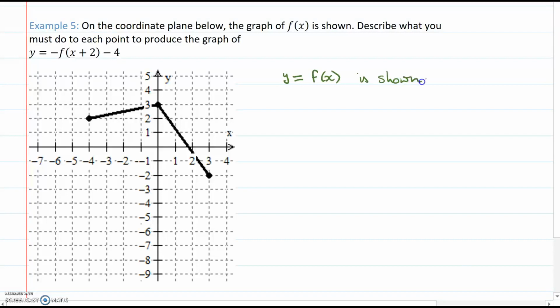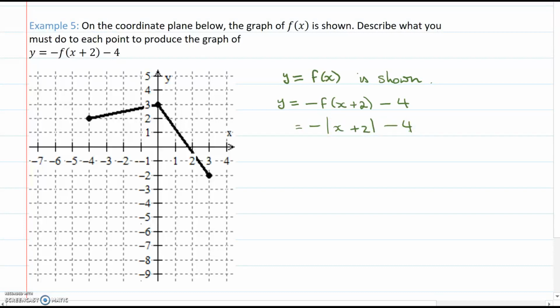Okay, what we want is the graph of a related function, but instead it's negative f of (x plus 2) minus 4. So this is kind of like an absolute value function, because you can imagine comparing this to minus the absolute value of x plus 2 minus 4.